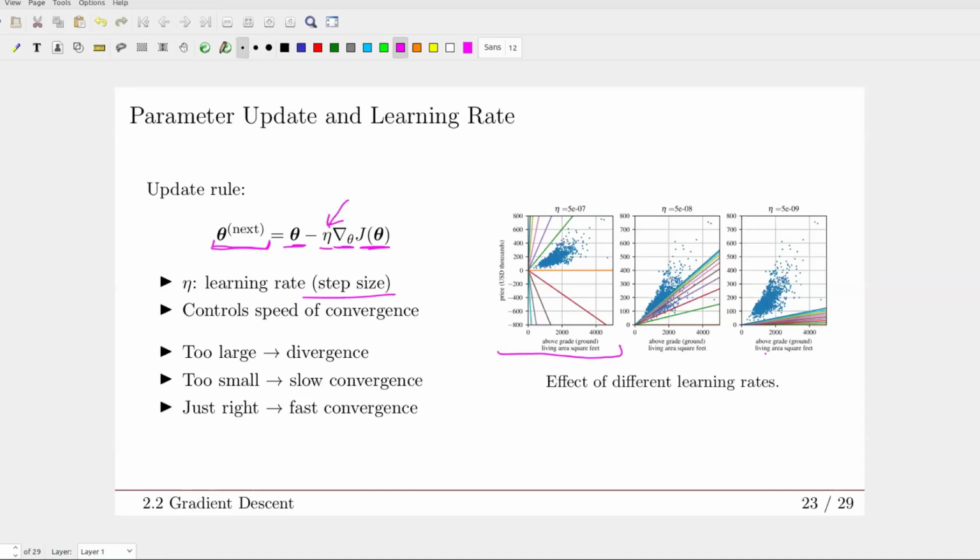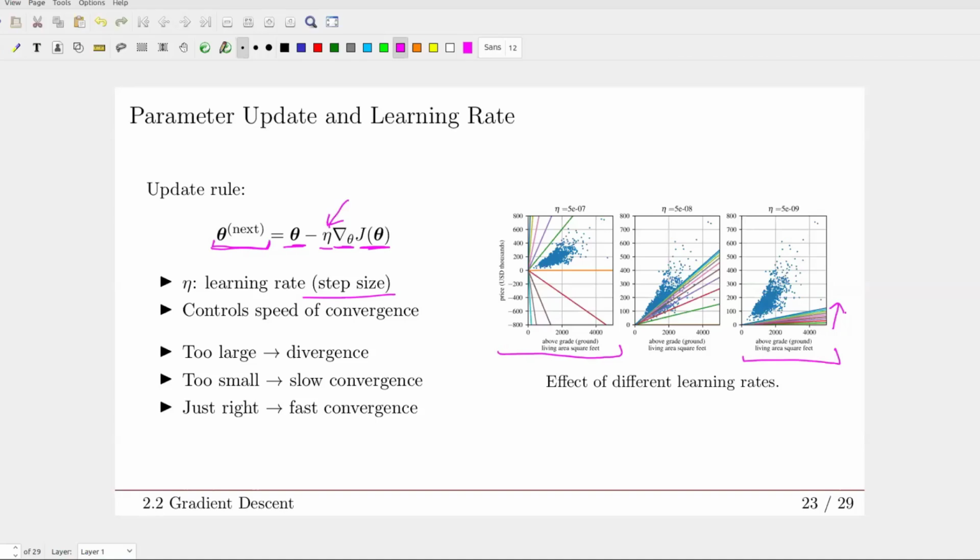So if I have an eta, kind of like Goldilocks and the Three Bears, that's 5e to the negative 9, and my eta is too small, I use up all 10 iterations. And you can see here that iteration after iteration, I'm slowly starting to converge. And if I do 50 or 60 or 100 iterations, I'll get there, right? But I wasn't able to get there in 10.